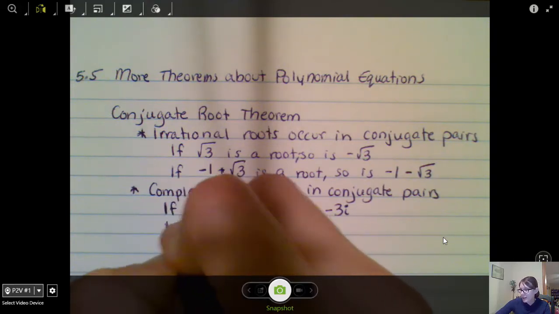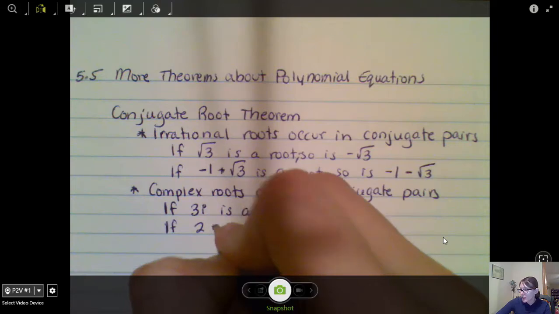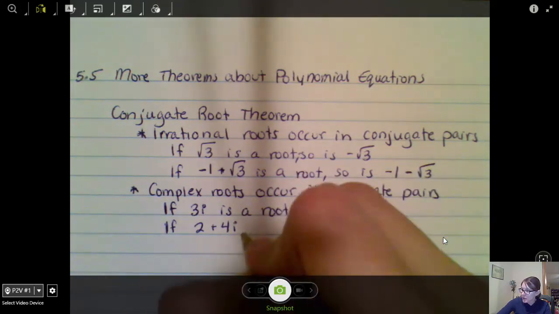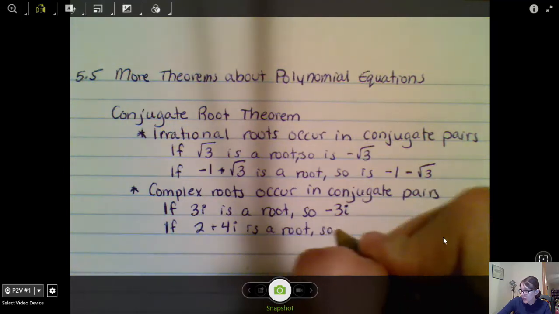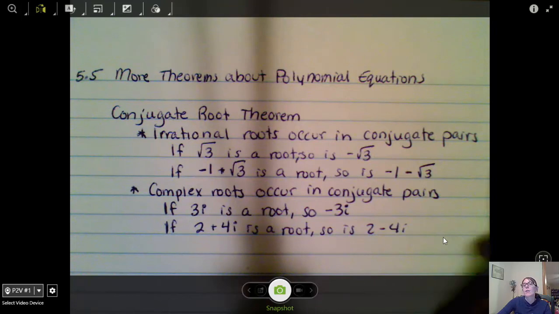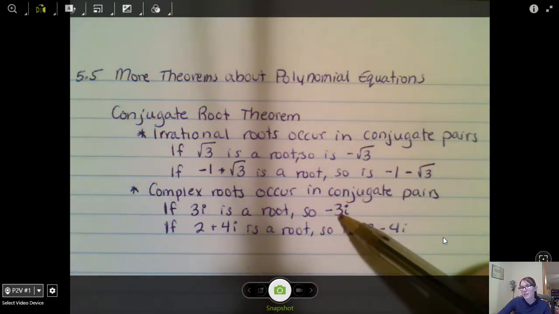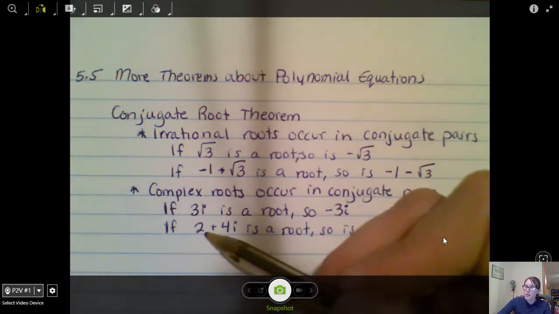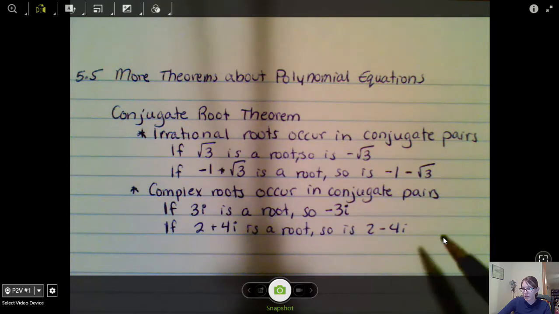And then another similar, if 2 plus 4i is a root, so is 2 minus 4i. So again, we have the same thing, 3i, but opposite signs, -3i. Same thing, opposite signs, 2 plus, 2 minus.